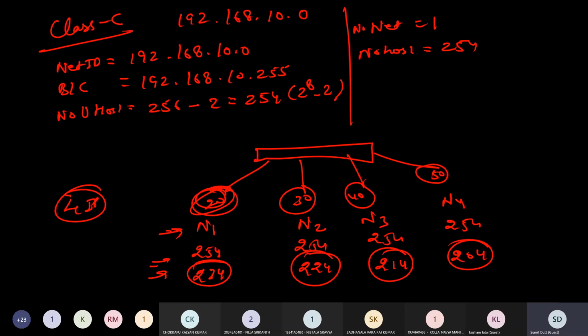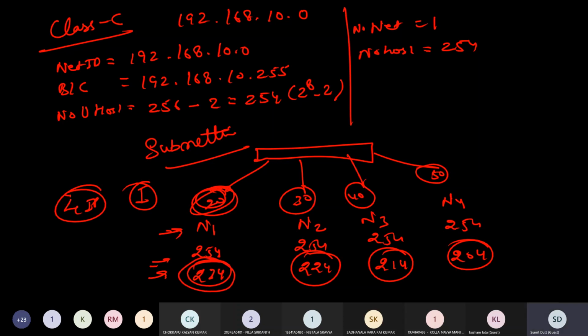Am I clear with the problem? Yes, sir. And the solution is subnetting, which we need to understand here, so that we can create multiple networks with one IP address only and reduce the wastage of IP addresses.